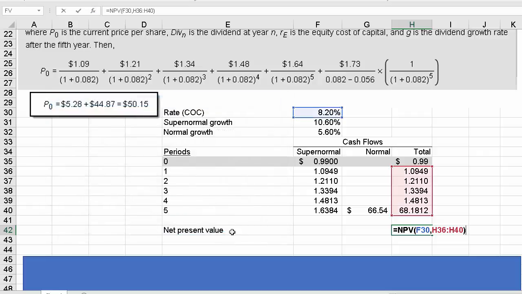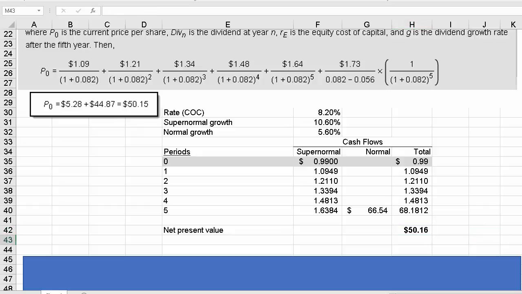Okay, and the stream of cash flows you see right there, $1.09, $1.21, $1.34, through the perpetuity, which represents, again, right here, the cash flows from the end of period 5 through infinity. We have to add both of those together. And when we do that, I come up with a net present value of $50.16.